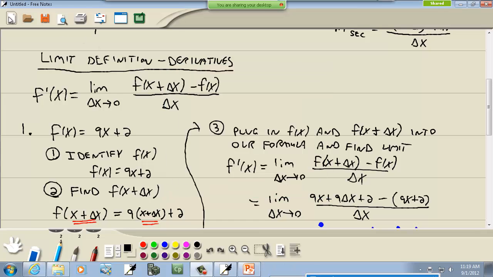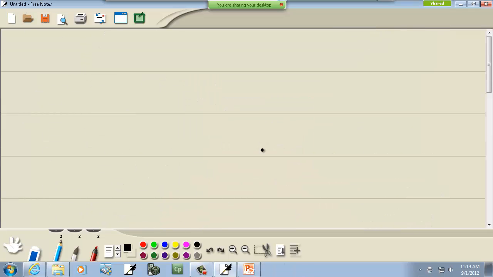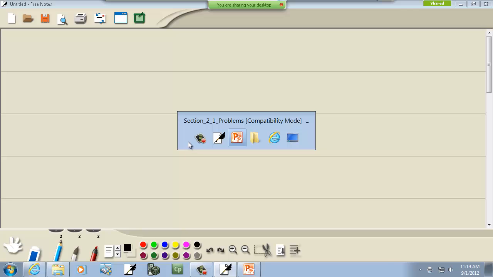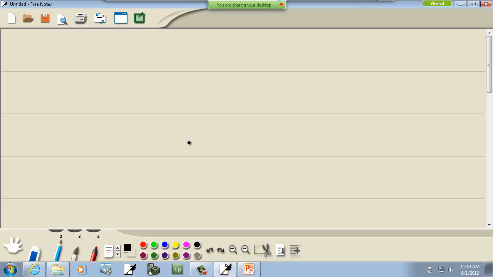Now I'm going to change the formula. Actually, let me write the new formula down here, and then we'll work this problem. Okay, this is the derivative. And this is a limit definition.